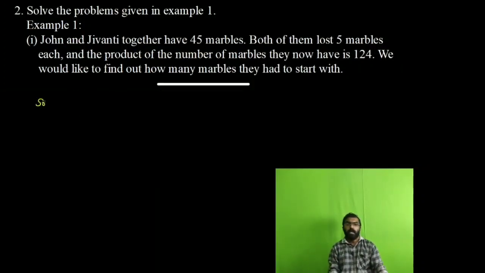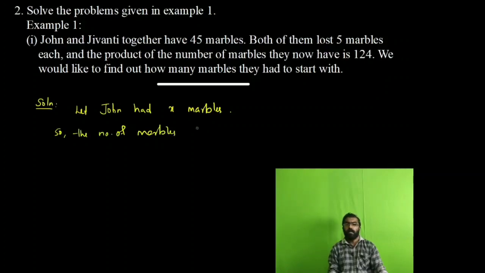Let us suppose the number of marbles John had be x. So the number of marbles Jivanti had is equal to 45 minus x, because they together have 45 marbles.